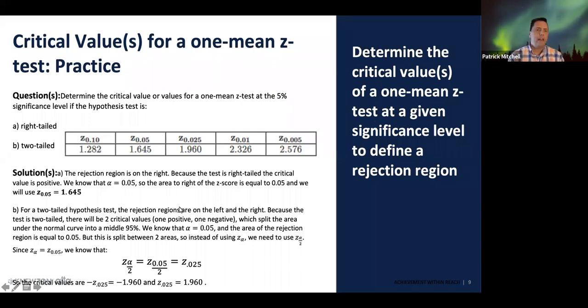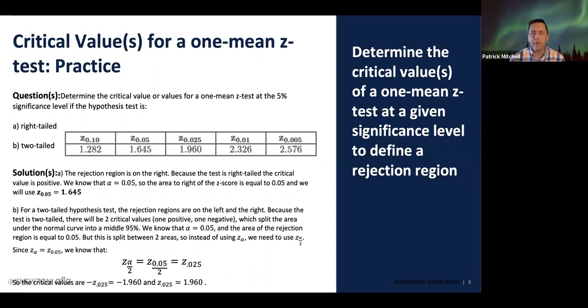On the other hand, if your test is two-tailed, your rejection region will still have area equal to 0.05. However, that area will be split between the right side and the left side of the curve. So for a two-tailed hypothesis test, the rejection regions are on the left and the right. Because the test is two-tailed, there will be two critical values.